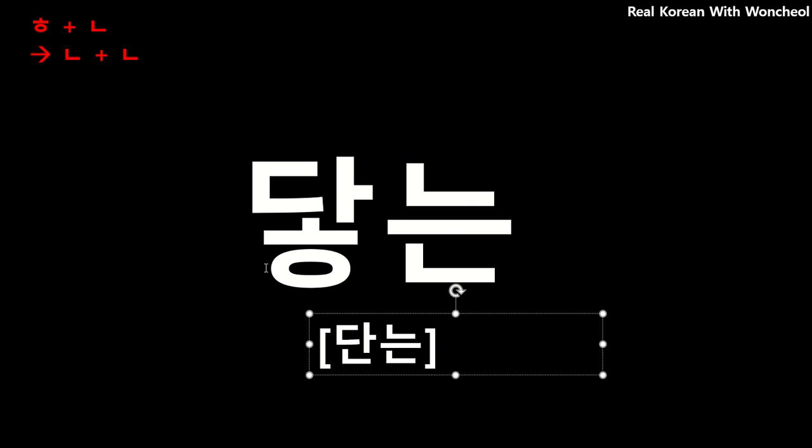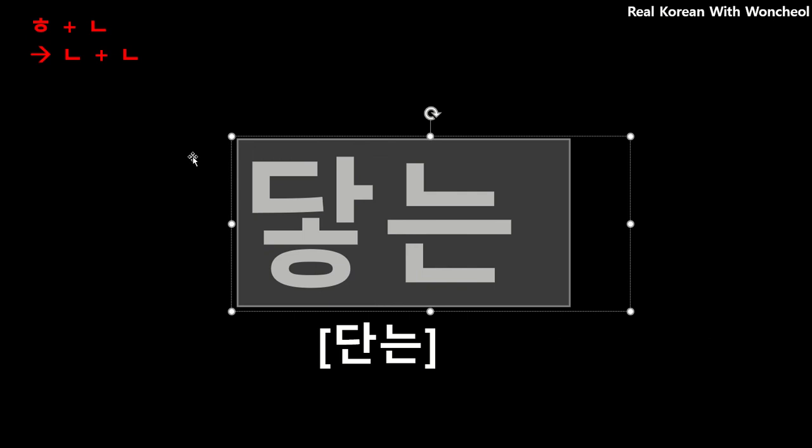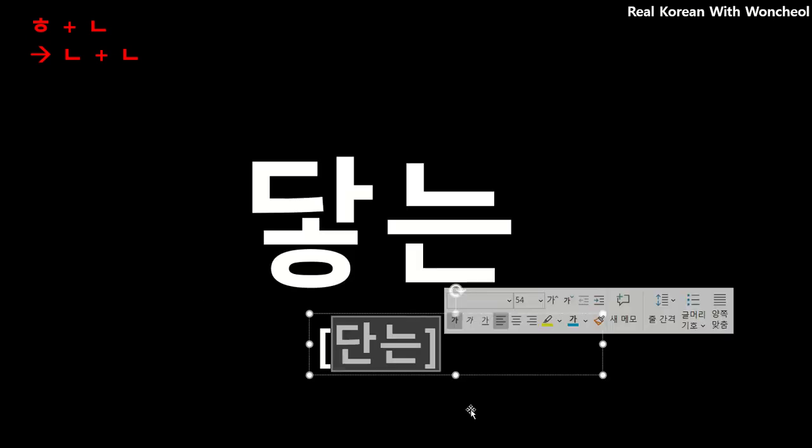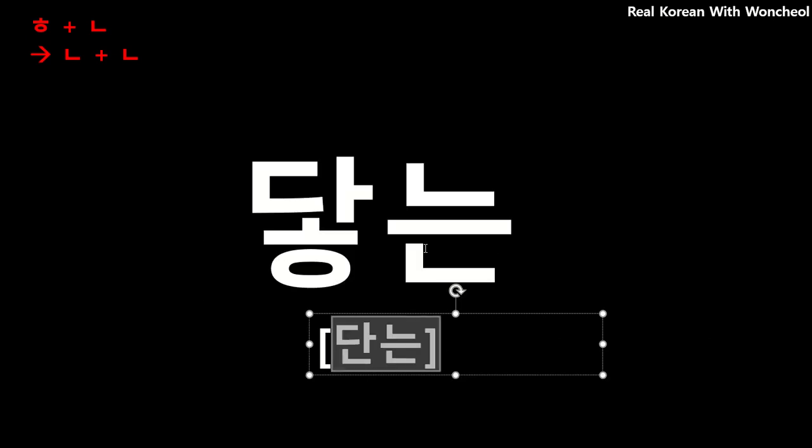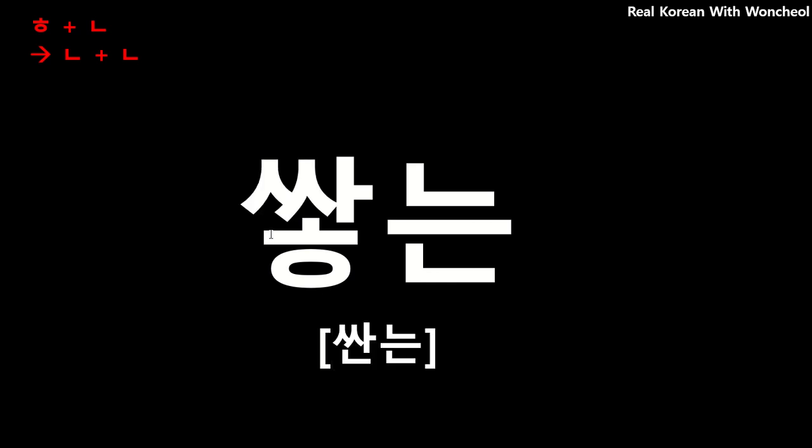This H sound is replaced by niun consonant, just for pronunciation. You still have to write this way, but when you pronounce them, it's tan-는, not tat-는. And it's not sat-는, san-는. Okay?